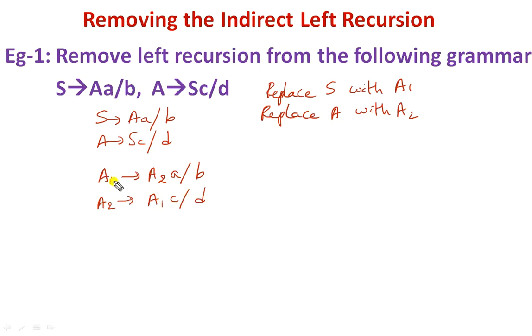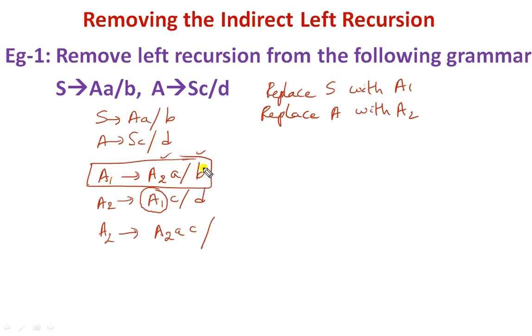Now we have A1 generates A2A or B. We can replace this A1 in the A2 production with this particular production. A2 generates A1C, so replacing A1 with A2A, we get A2AC.